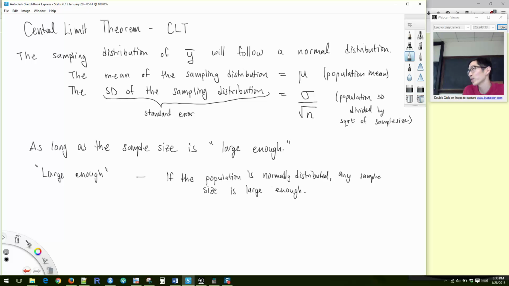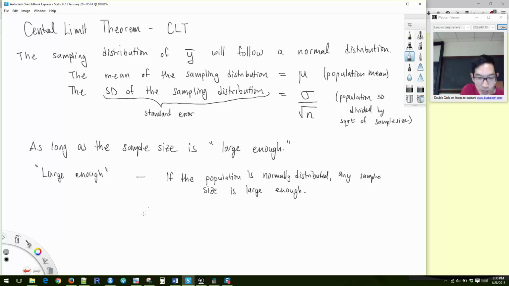Small samples, which is ill-defined, depends on how unimodal and symmetric. Basically, if it looks a lot like the normal distribution, you can get away with really small samples. If it doesn't look like the normal distribution, you need bigger samples.